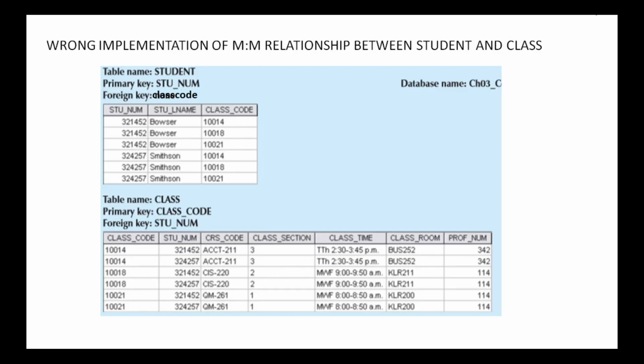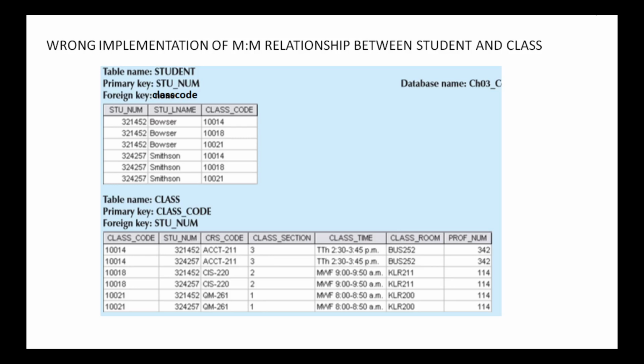Just go through this example of tables: a wrong implementation of a many-to-many relationship between student and class. Go through this example to understand why, practically, many-to-many relationships are not implemented directly. We already know that using the concept of primary key and foreign key, we relate both tables.